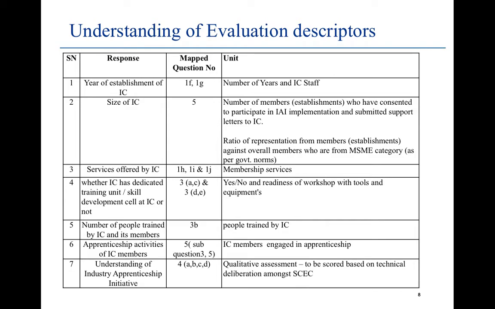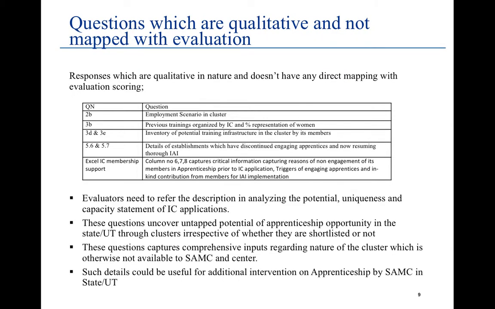Now when you go and see the IC application form, you will understand that not all questions are aligned with the evaluation matrix. There are still many questions which are not mapped with an evaluation score, and which are very interesting. So we have also mapped those questions which are not mapped with an evaluation score but are very important in the evaluation exercise, and also open up a very interesting capability statement about the potentiality of the industry cluster.